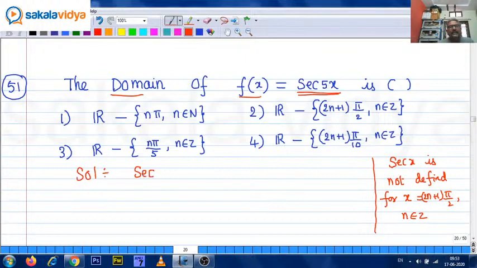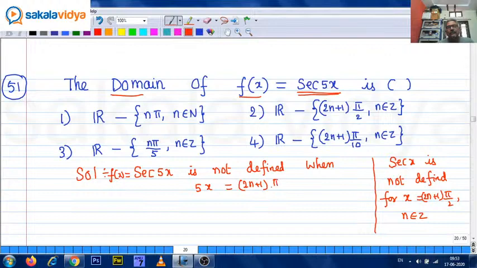Secant 5x, that is f of x, is not defined when 5x equals odd multiples of pi by 2. Now find the x value. x is equal to, multiplying both sides by 1 by 5, 2n plus 1 pi by 10.